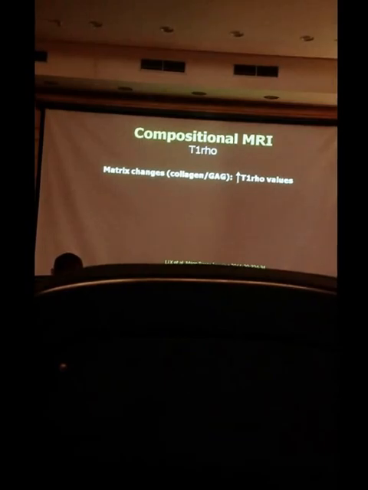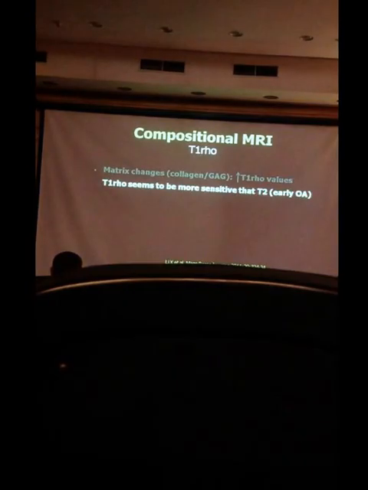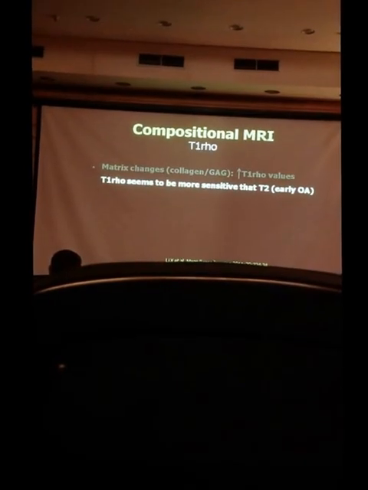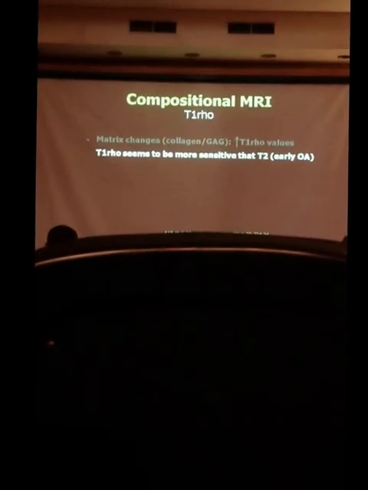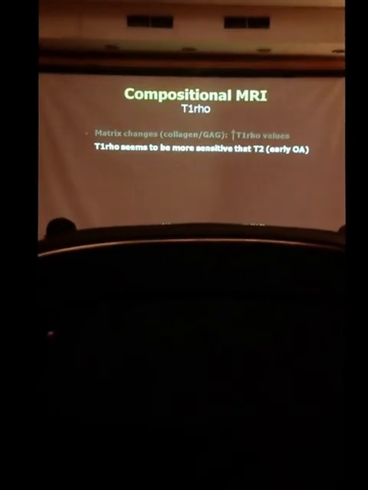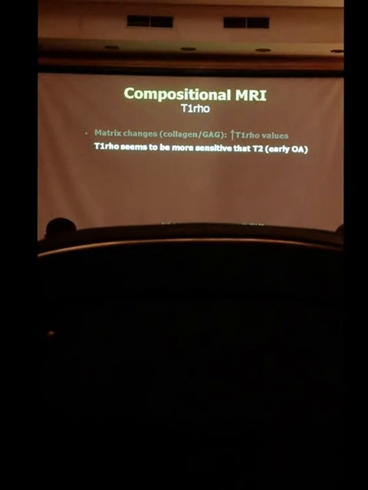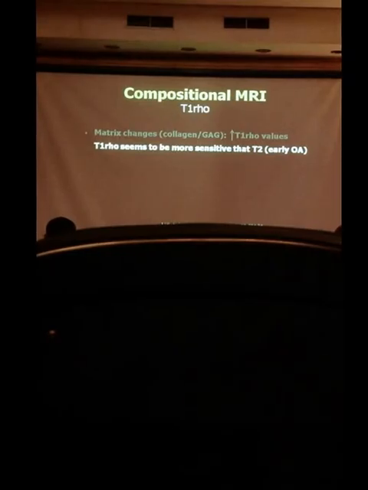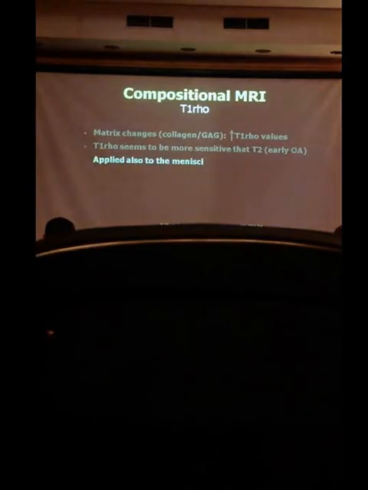So when we have high T1 rho values, we have less proteoglycan content. And this is better than the dGEMRIC because we don't have to inject contrast, we don't have to wait 1 hour and a half, so it's not invasive. It takes about 6 to 8 minutes to acquire the sequence. And there is some data showing that T1 rho is more sensitive than T2 mapping regarding early cartilage degeneration.